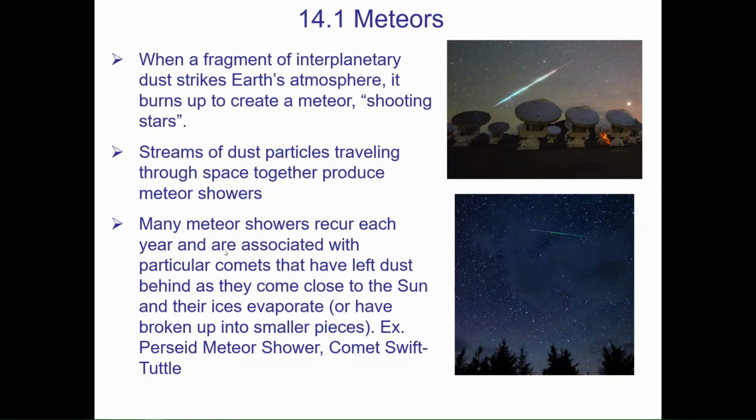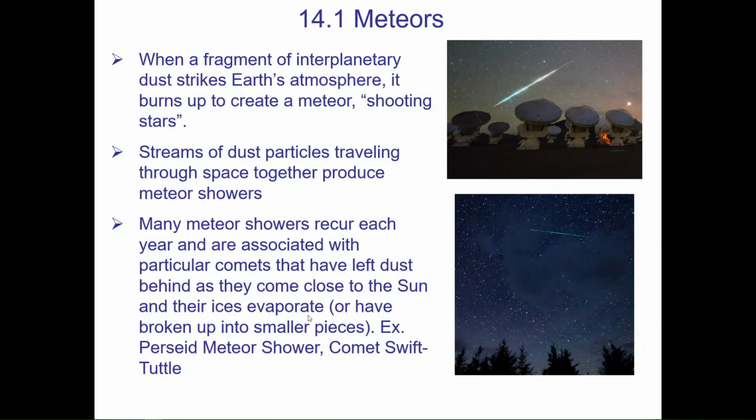Meteor shower is one of the most accessible astronomical phenomena we can observe. You don't really need any astronomical instruments such as a telescope, and many meteor showers recur each year because they are associated with particular comets that have left dust behind as they come close to the sun and their ice evaporates.